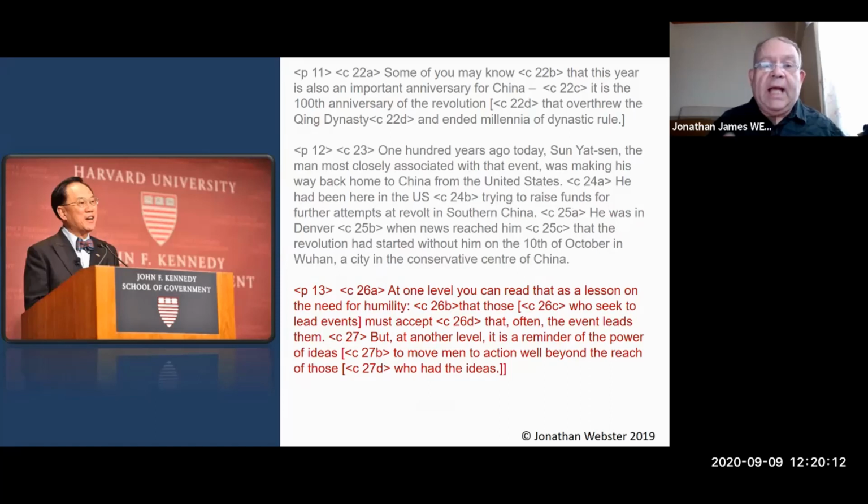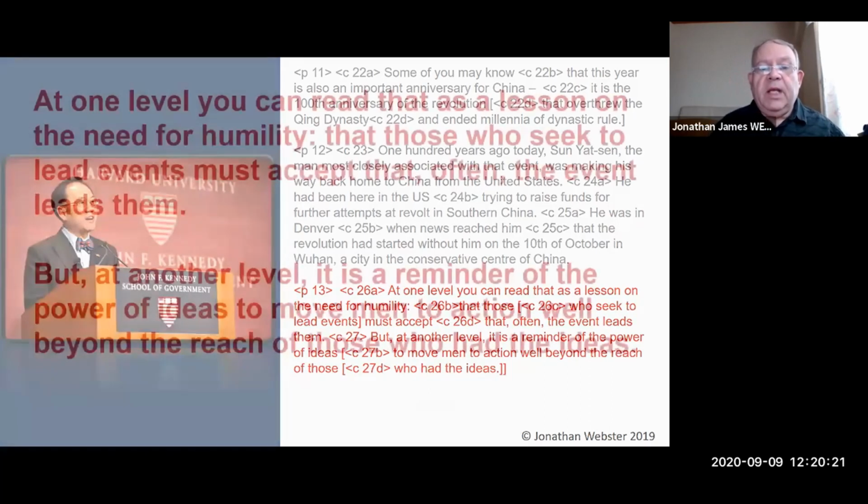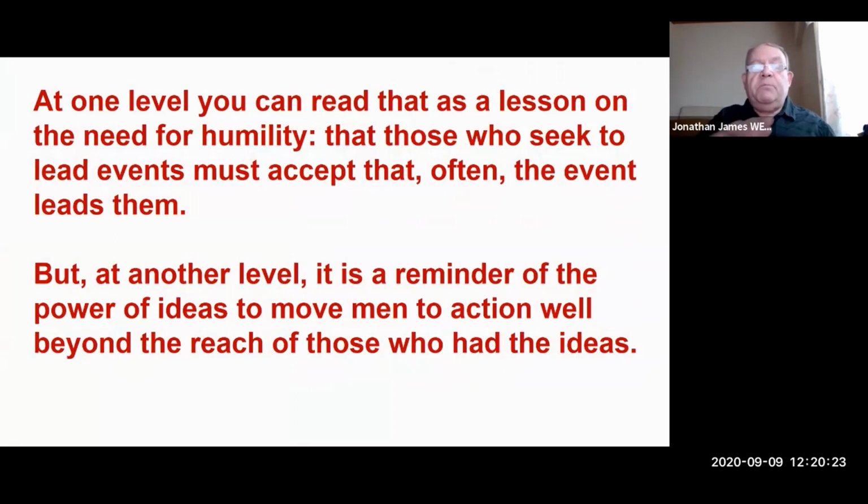There was another aspect to his speech which I was interested in because it illustrated the idea of grammatical metaphor. You remember, he gave this sort of comparison here. And just to remind you, at one level, he said you can read that as a lesson on the need for humility: that those who seek to lead events must accept that often the event leads them.